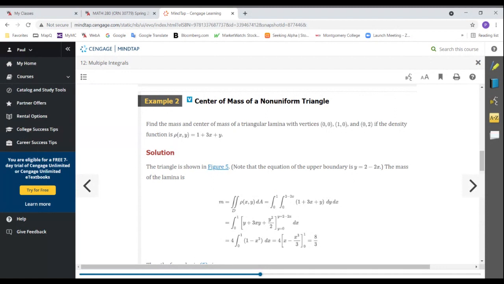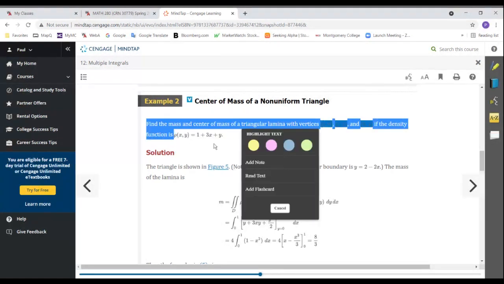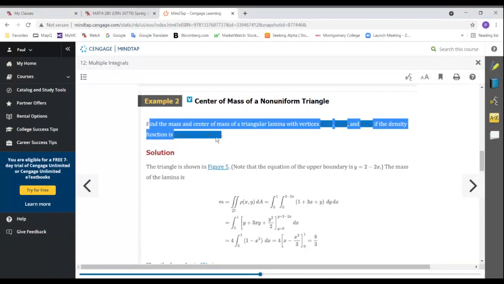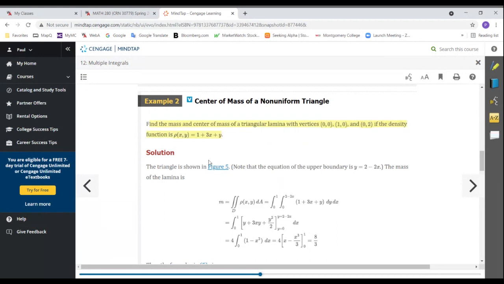So here, in example 2, they want you to find the mass and center of mass of a triangular lamina with those vertices and that density function. So of course, as always with these problems in chapter 12, you have to find your region D for your integration. You have to get your limits. So you have to draw a picture.